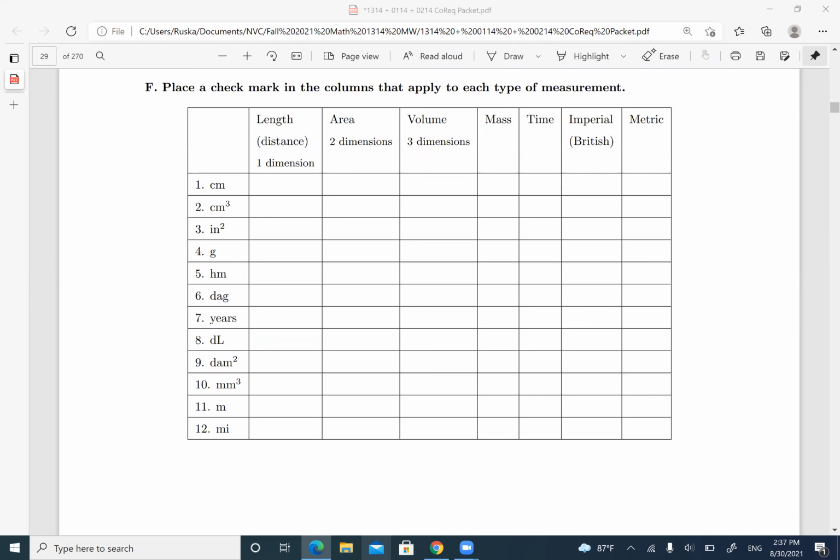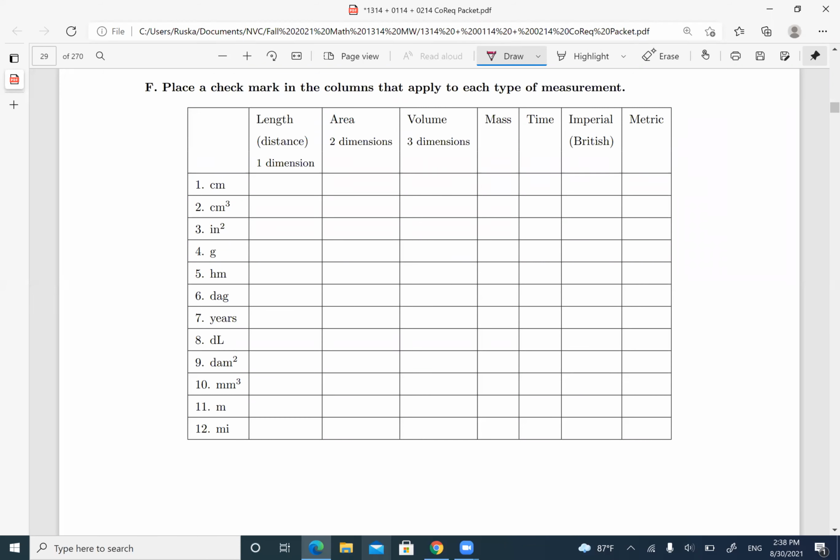So let's start with centimeter, and I'll explain that. What you measure with centimeter: is it length, distance, 1 dimension; 2 dimensions is area; 3 dimensions is volume. Some of the units measure mass, which is kind of the weight, or time, like years.